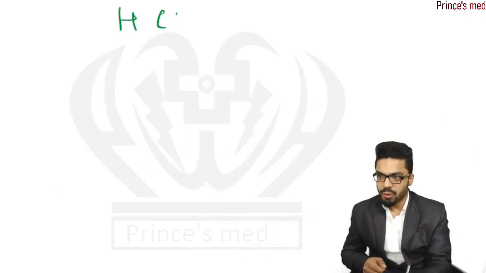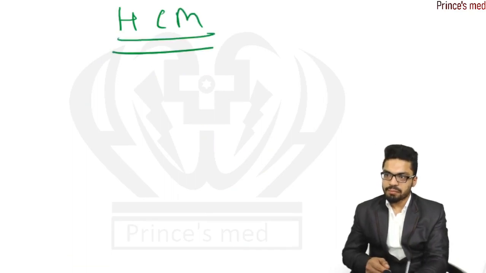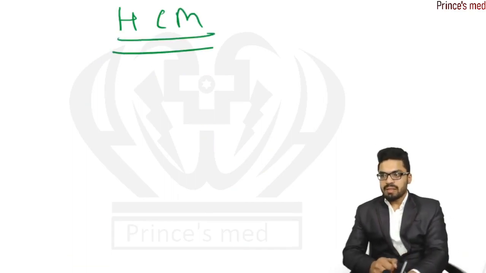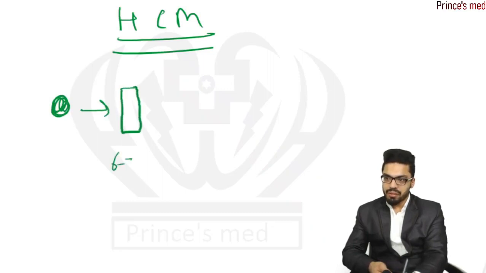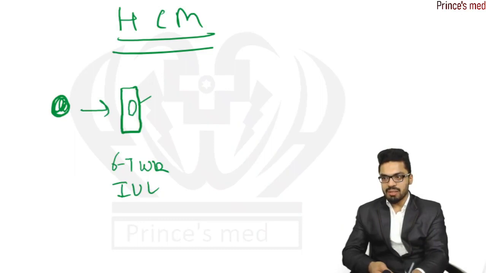Hyaline cartilage model. It says that mesenchymal cells first form hyaline cartilage, and in 6 to 7 weeks of intrauterine life there appear periosteum, primary center of ossification, and bone collar.